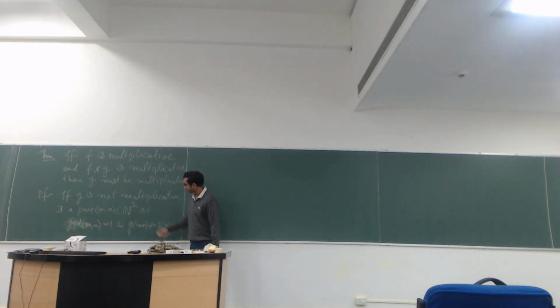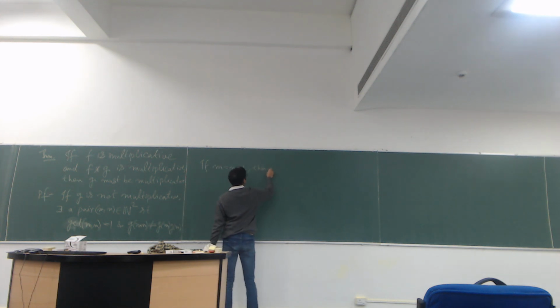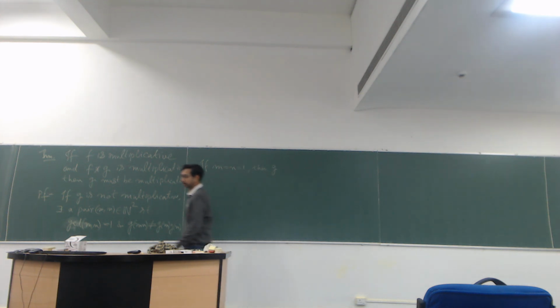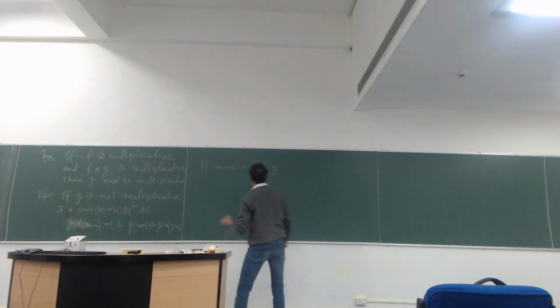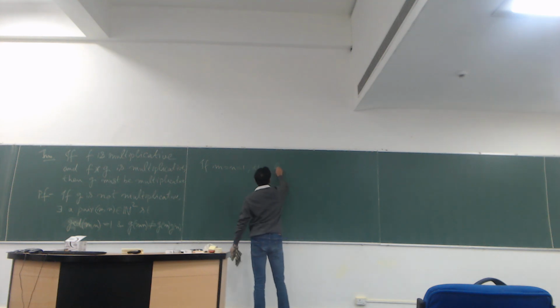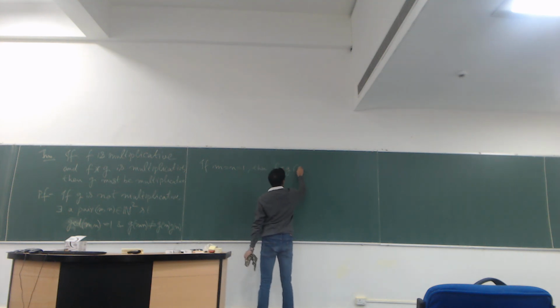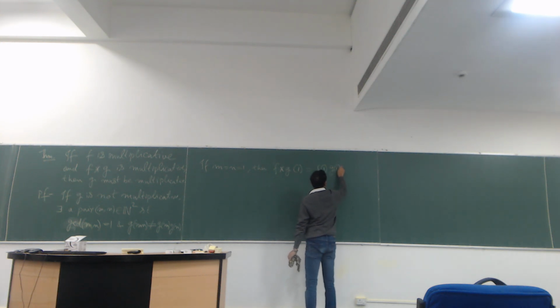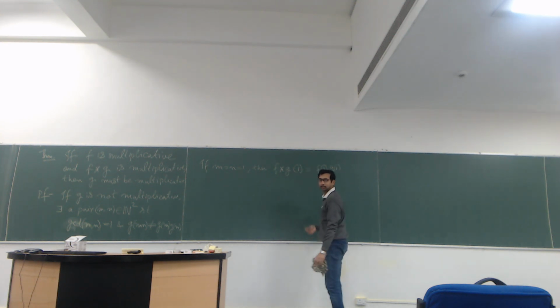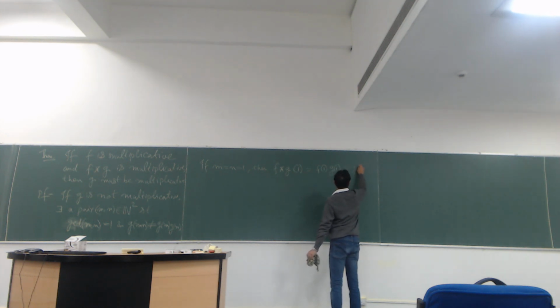So if this pair could be chosen as 1 and 1, if both are 1, then what is F star G at 1? This is F1 times G1, and you know that F1 is 1, so that is G1.